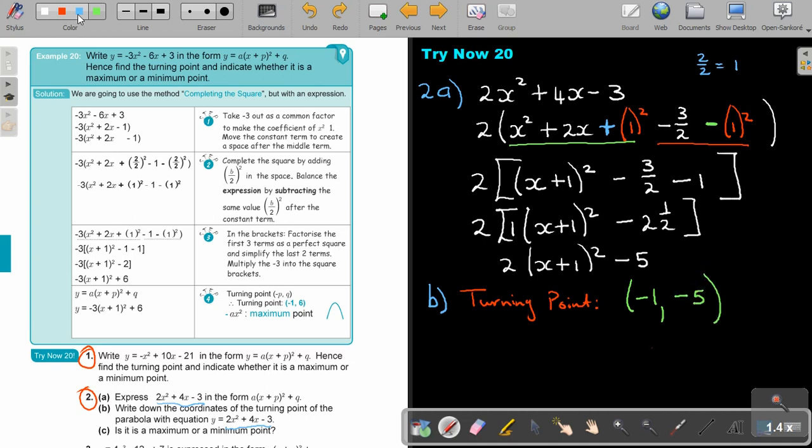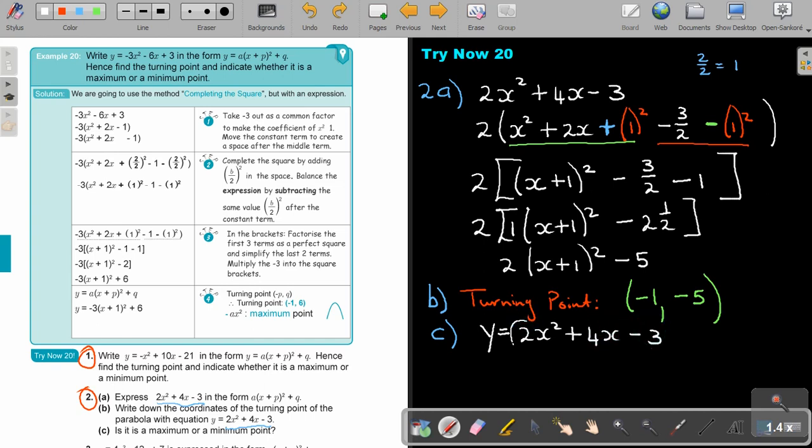And then the last one, number C, is it a maximum? Now, before you can answer, don't just look at this. You have to go back to the equation. Now, the equation was actually, and I'm going to write it here, the equation was y equals 2x squared plus 4x minus 3.